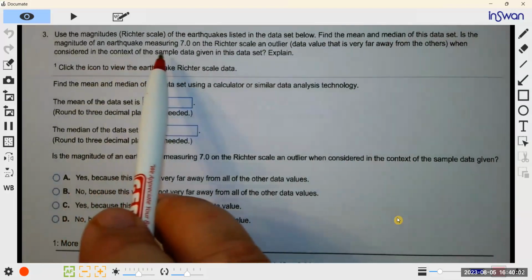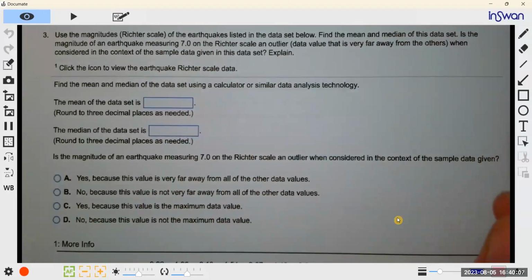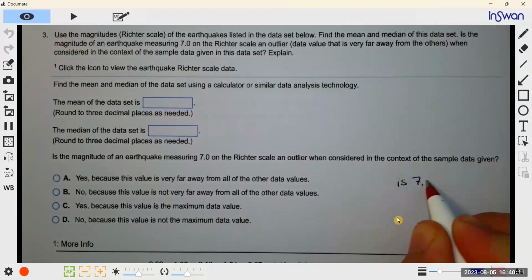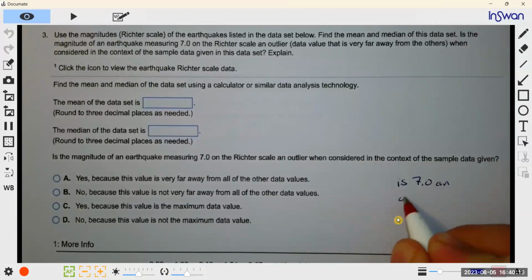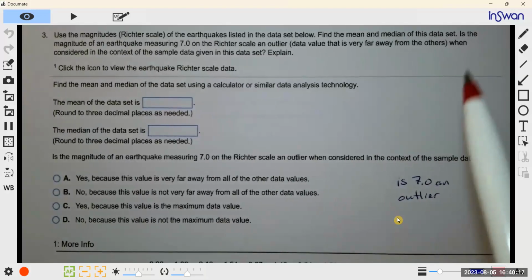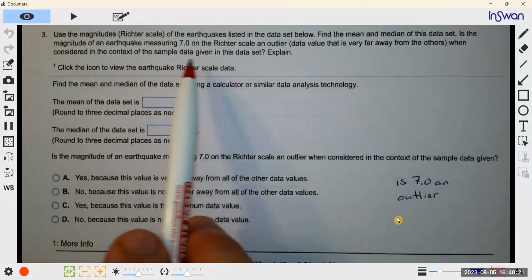Is the magnitude of an earthquake measuring 7.0 on the Richter scale an outlier when considered in the context of the sample data given?